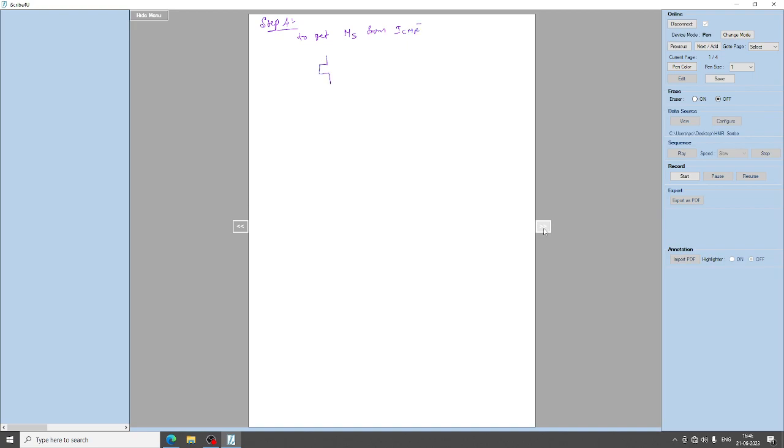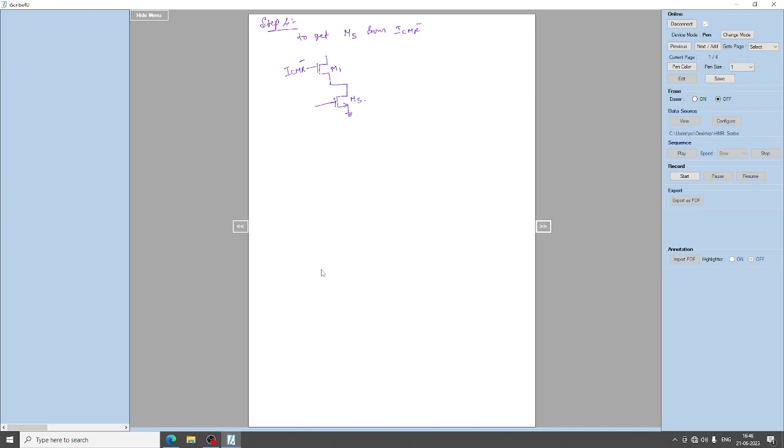So the circuit, what you get is, okay, so this is ICMR minus. Okay, this is M1 and this is M5.